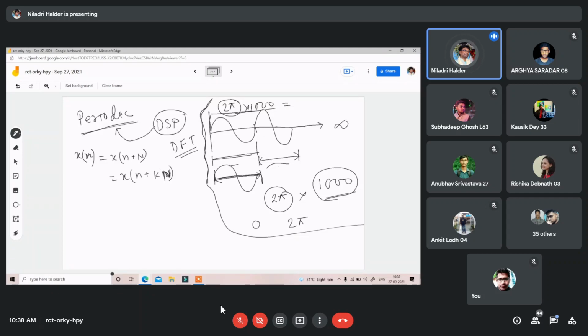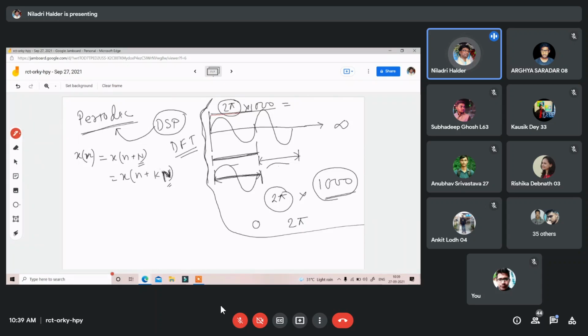That N defines this length, that is 0 to 2 pi. 0 to 2 pi is defined by N, as 2 pi defined in a continuous way, that 2 pi is split into capital N number of samples.